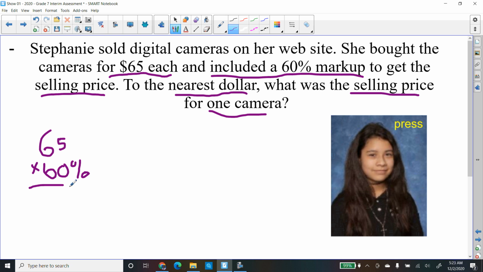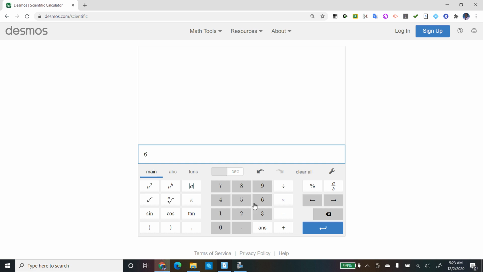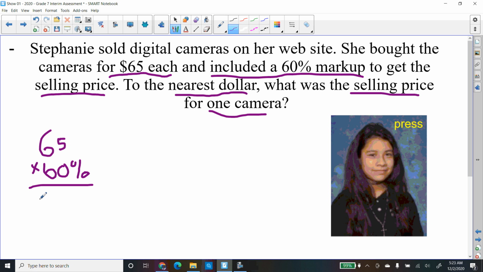So this is like a sales tax. So let me get my calculator because we're going to need it. So 65, let's clear all that out. 60% of $65, and that'll give her $39, which is what she's going to be upping the price by.